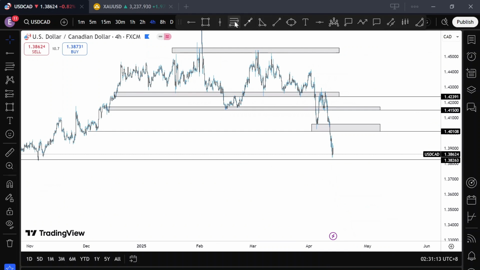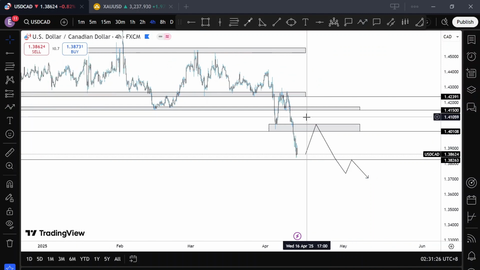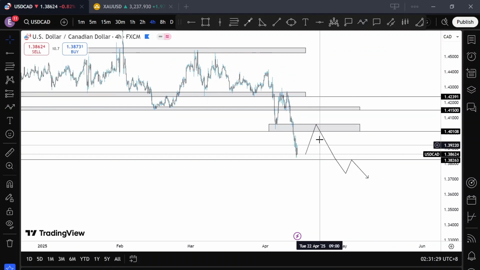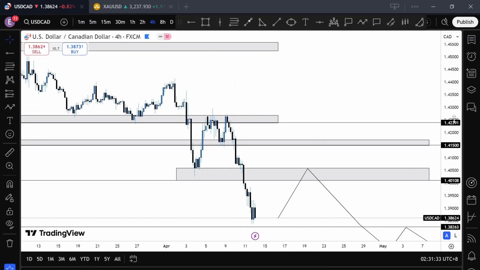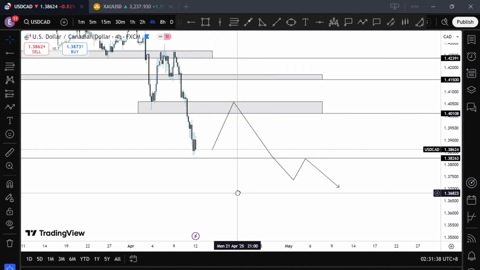So I'll be looking out for a pullback from this region back into this region before we continue to make a bottom in this region, or possibly break and continue. Over extension would be slightly at 1.41, but this is basically what we'll be looking out for here on USDCAD. Okay, a pullback to these regions and a continuation.